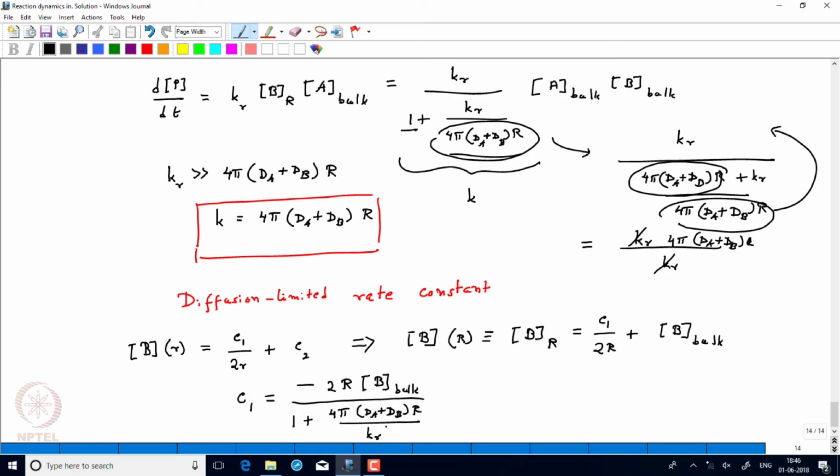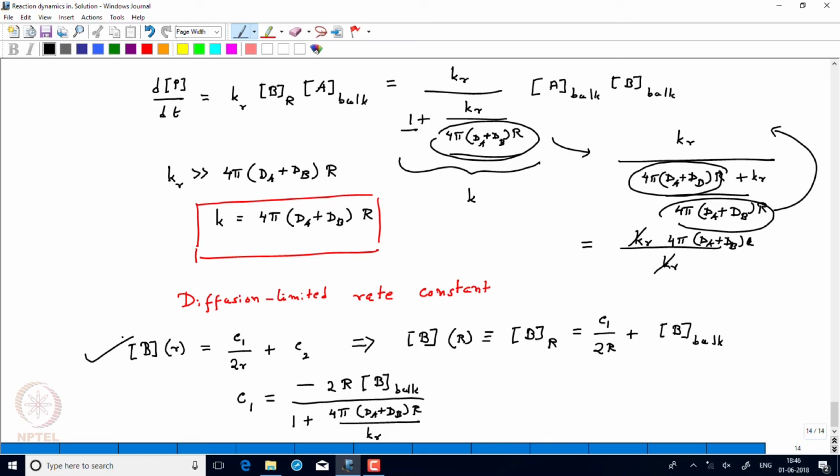Although you did not use it, you can see that I can get the value of B, which we wrote in this equation, at any position. And so this is a general equation for the concentration of B at any position with respect to the A.